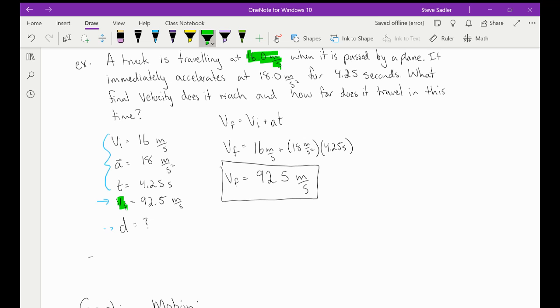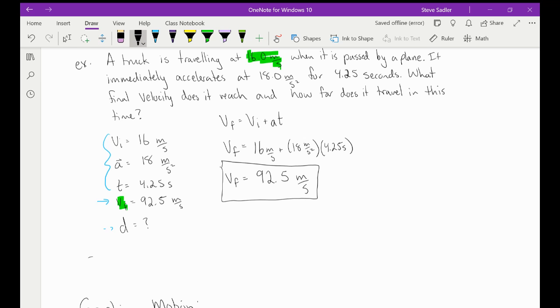The reason is that if I made a mistake calculating my final velocity, and then I use that number in calculating my distance or displacement, then no matter how well I do it, I'm going to get it wrong because I'm using a wrong V final. So if you can get away with not using V final in the next calculation, that's always the best choice. You might not have that option all the time, but if you can, you should do that.